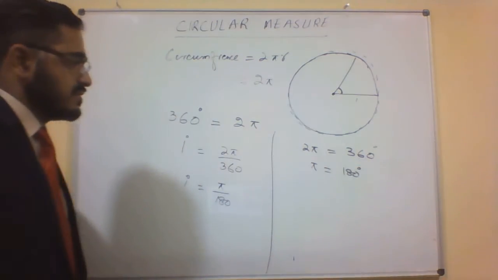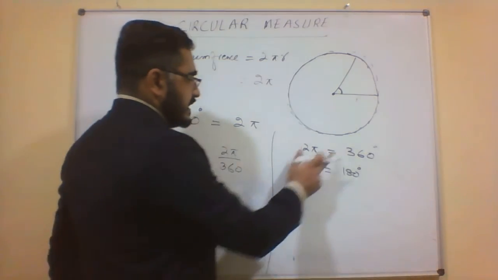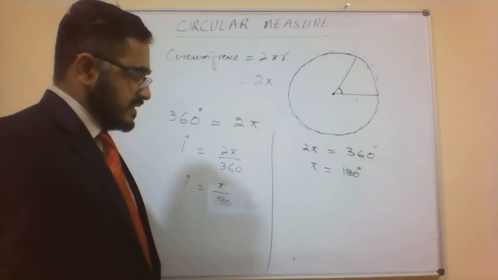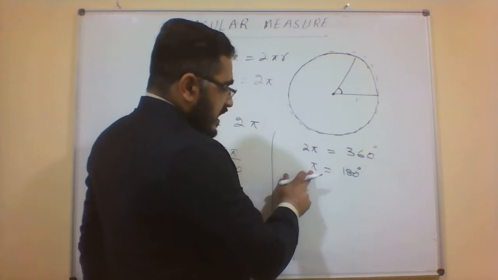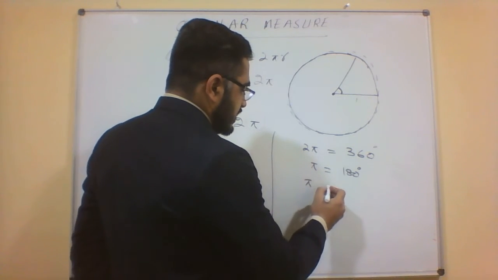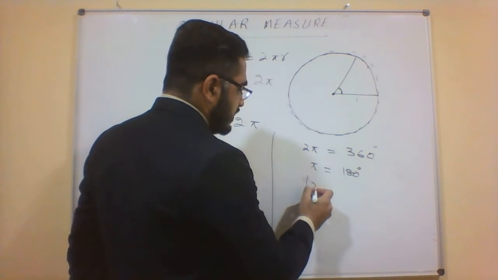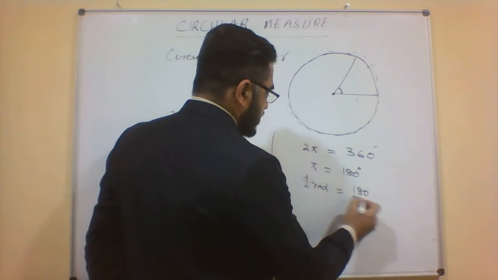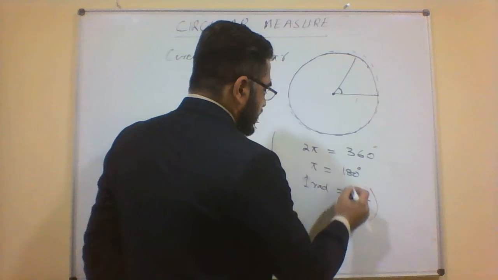Then this will be pi and 360 divided by 2 will be 180 degrees. If we shift this pi to the other side, this side will be only 1 radian, and the other side is 180 divided by pi. This is in degrees.